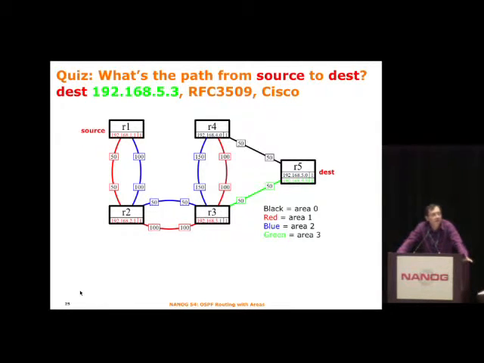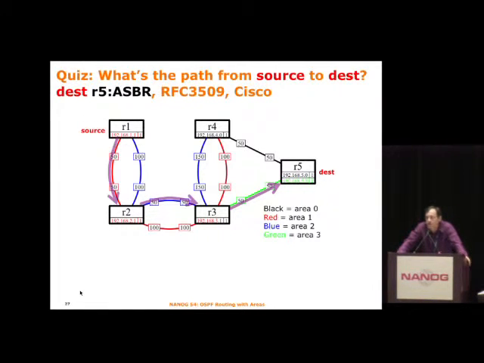Now, if you're routing to the green stub, as we said, it depends on whether R3 is a Cisco or a Juniper. If it's a Cisco router, it will end up doing the same path we saw for the black stub. However, if it's a Juniper router, it'll end up doing a different path, where it splits along the first link and then just uses the blue area.